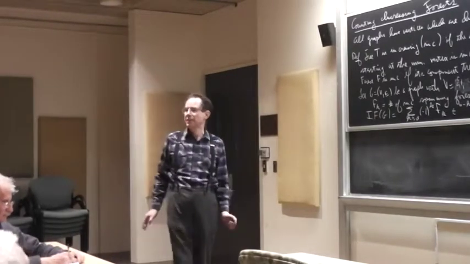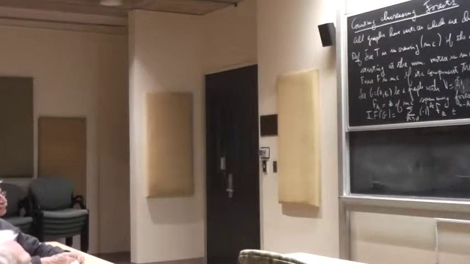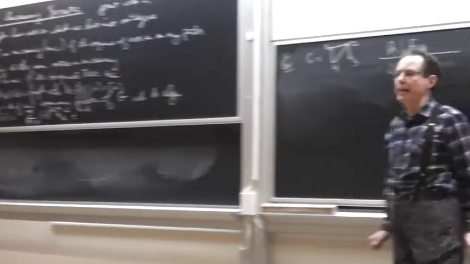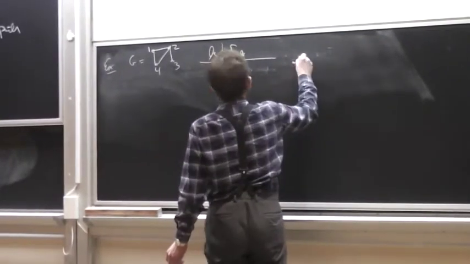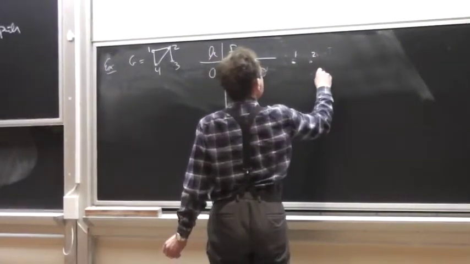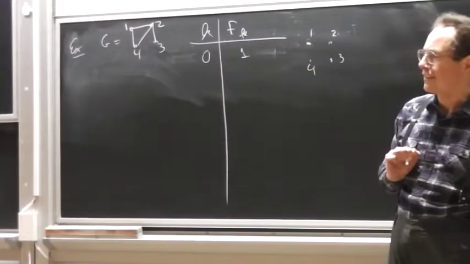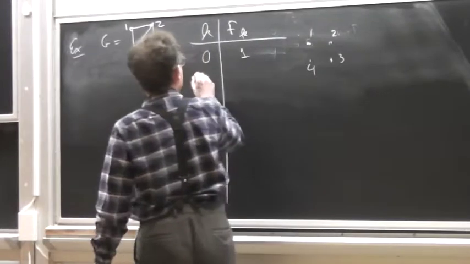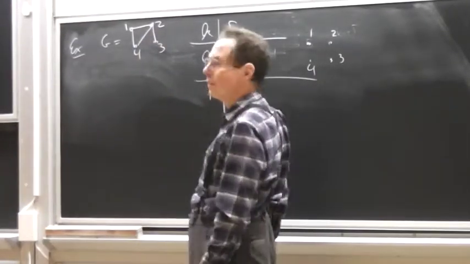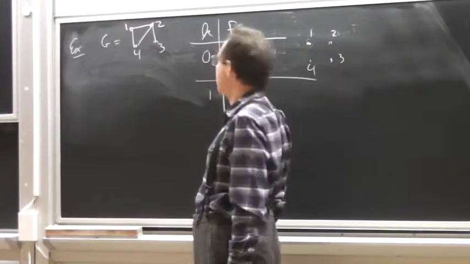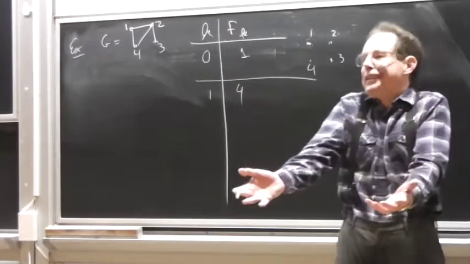Other questions? Okay, so k equals 0. How many spanning increasing forests? One, right? The empty graph. What about k equals 1? I claim there are 4. Why? Pick an edge, any edge.